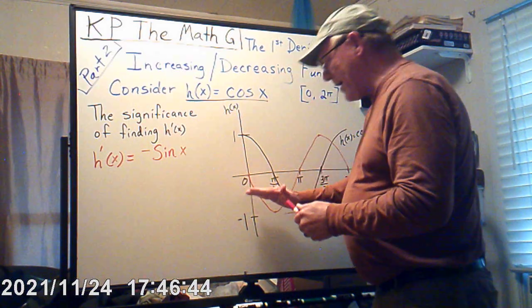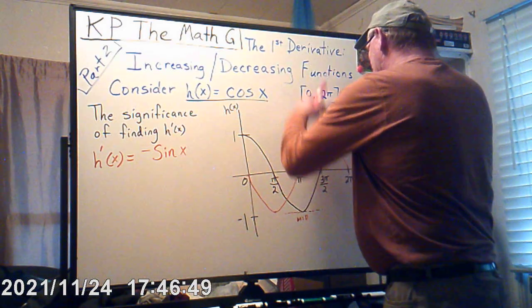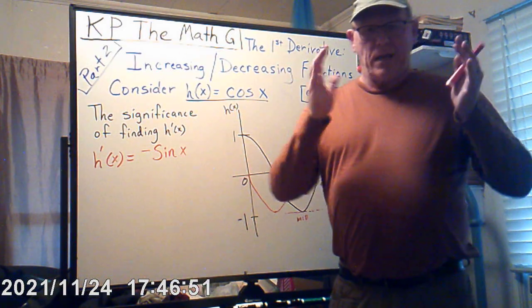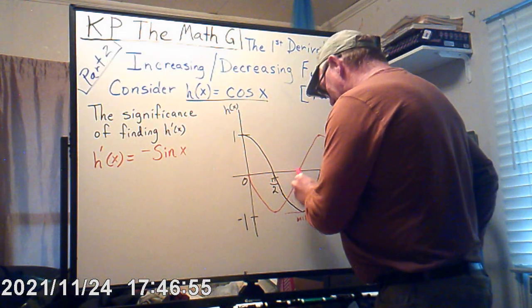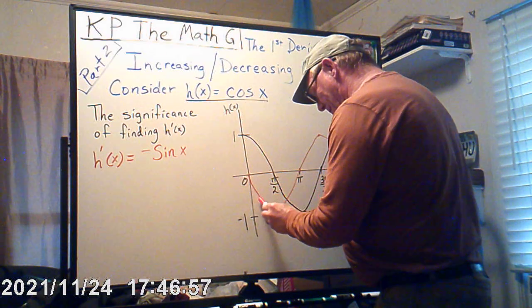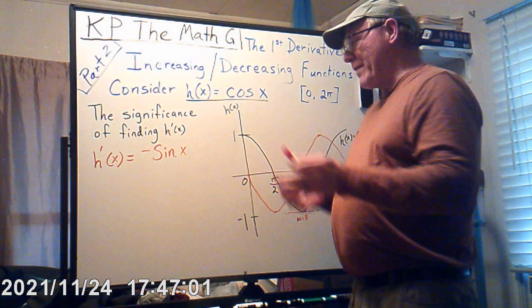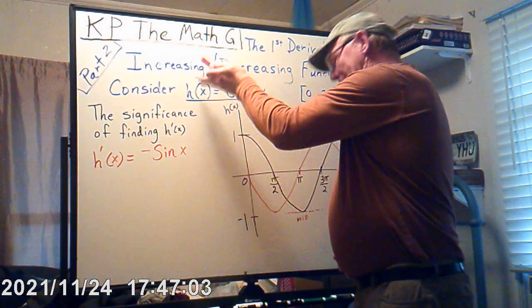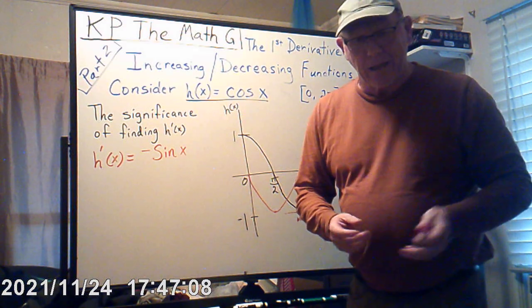Everything below the x-axis is decreasing and everything above the x-axis is increasing. So from 0 to pi this graph is below the x-axis, which means that cosine itself, that h, is decreasing from 0 to pi. See, we see that, don't we?